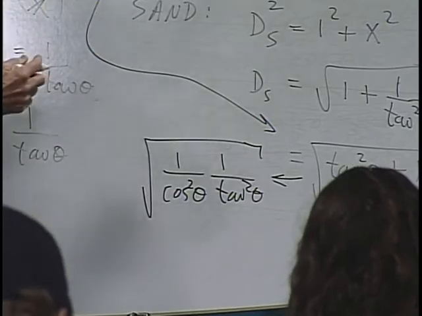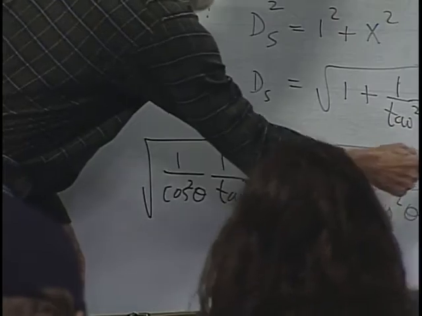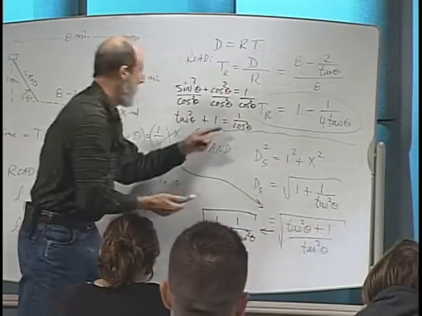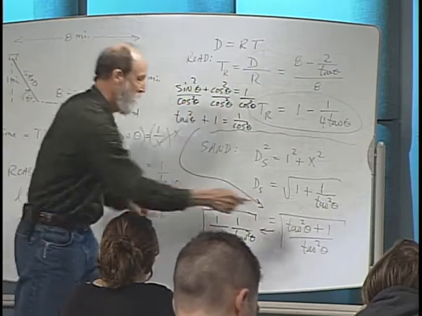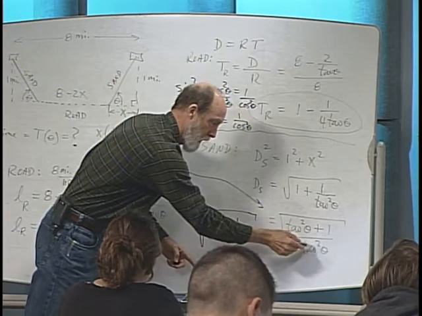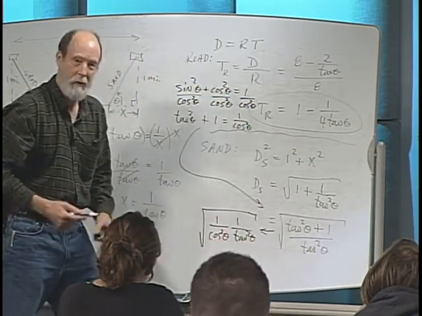Are you adding those together? No, hold it. Isn't this numerator right here 1 over cosine squared, or secant squared, right? So that's 1 over cosine squared. That's multiplied times 1 over tangent squared, not added. There's no plus sign here.